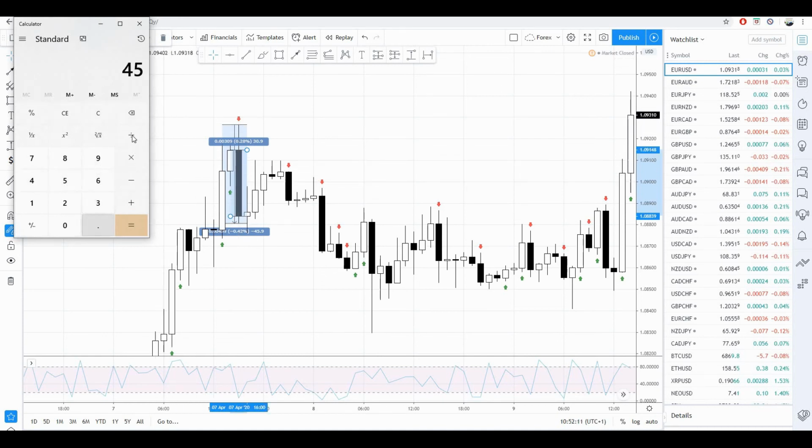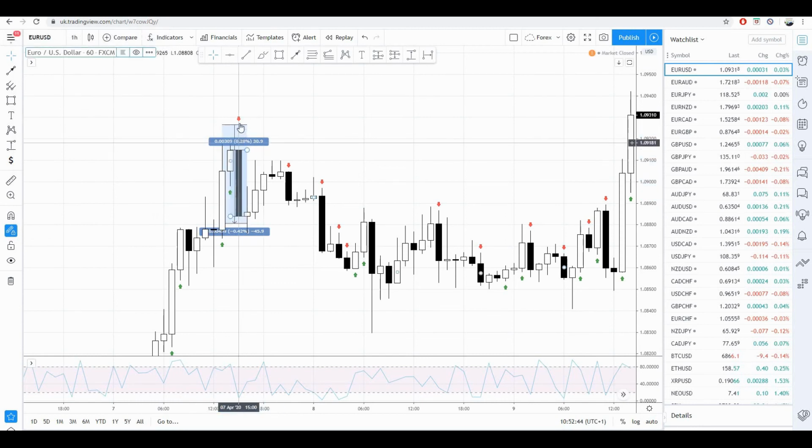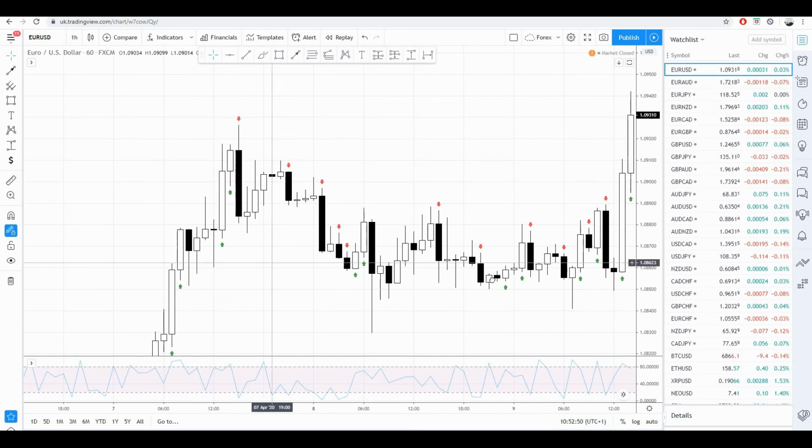So 30.9 divided by 45.9, times 100, is 67.3%. So the body of this candle is 67.3% of the entire range of that candle. Therefore it's greater than 50%, and therefore this trend bar indicator has been inputted.